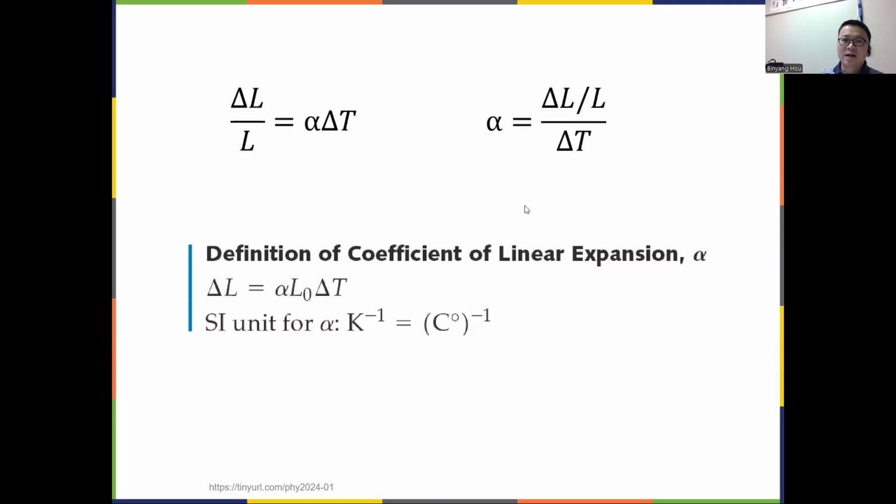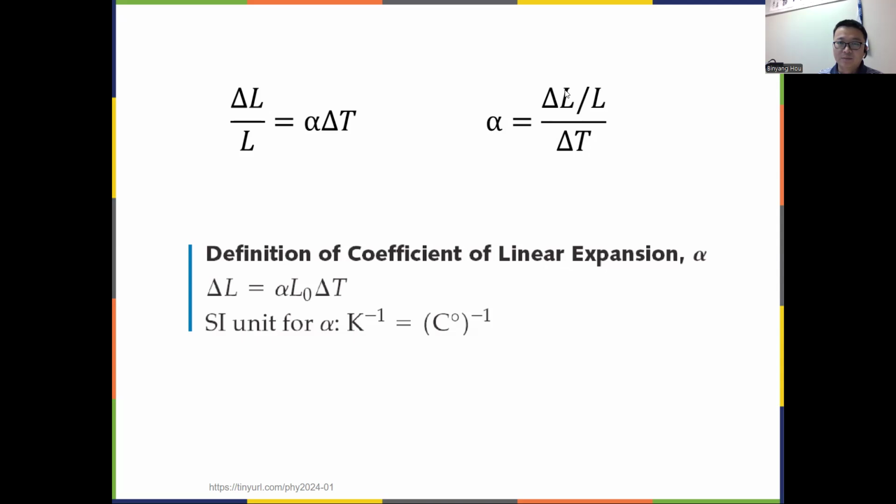You can rearrange, so alpha is delta L over L divided by delta T. This alpha is called the coefficient of linear expansion, since we are just looking at the expansion in one dimension. The SI unit for this alpha is actually Kelvin inverse. You can see from the derivation over here.